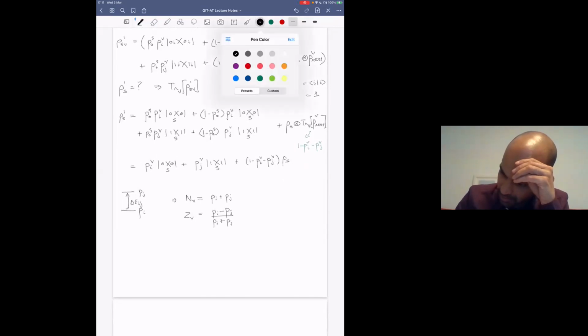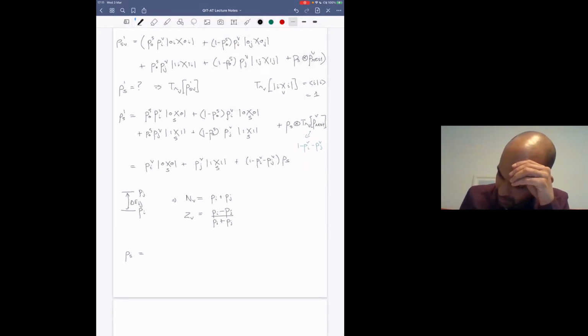Right, so now I can write the final state, rho S, using a mathematical trick.